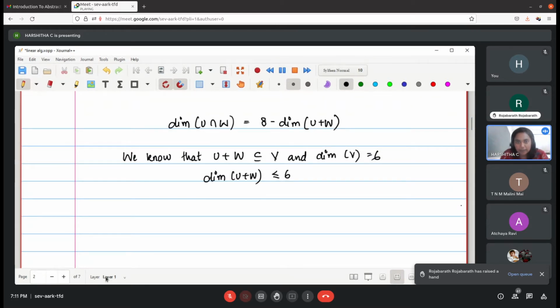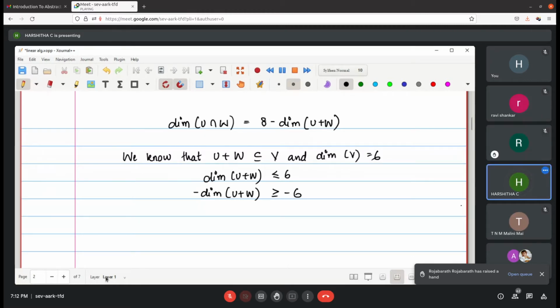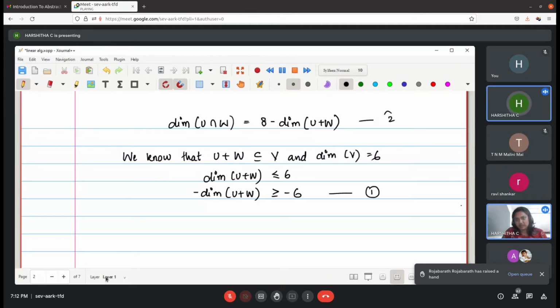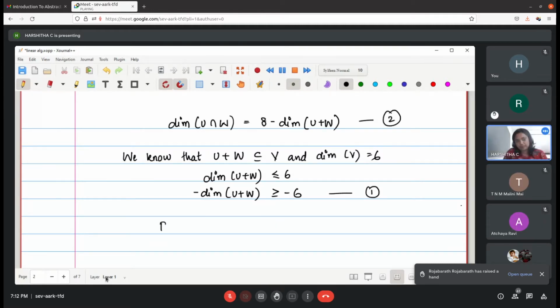So minus dimension of U plus W is greater than or equal to minus 6. Now you use equation 1 in equation 2. What do we get?